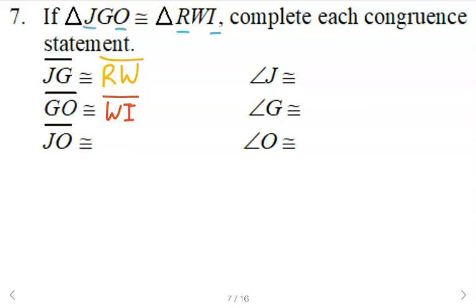JO, first and third position, RI, first and third position. All right, next to deal with the angles, angle J matches up with angle R. Angle G matches up with angle W. And then angle O is congruent to angle I.